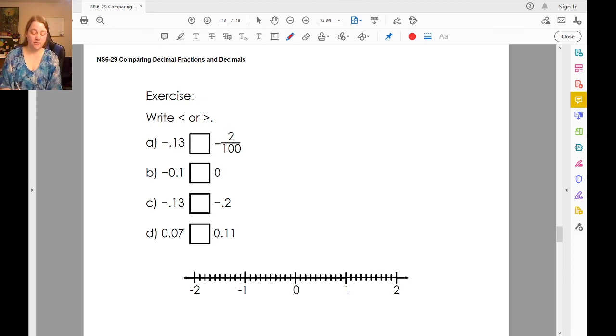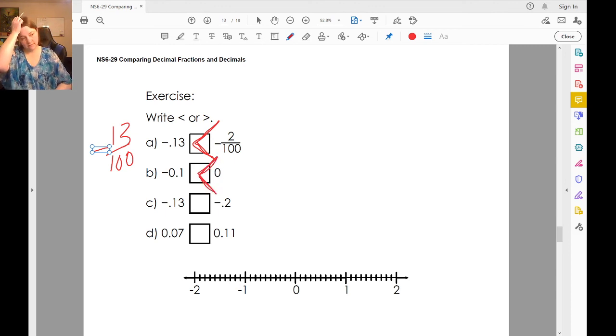So what I'm going to do is change these to hundredths. What's bigger here, 13/100ths or 2/100ths? If it was positive, 13 would be bigger than 2, but we're in the negative. So this time, negative 2/100ths is bigger. Which is bigger, a negative something or nothing? Nothing is better than losing something.